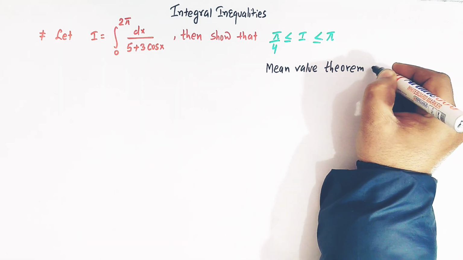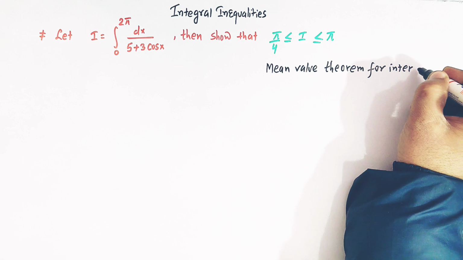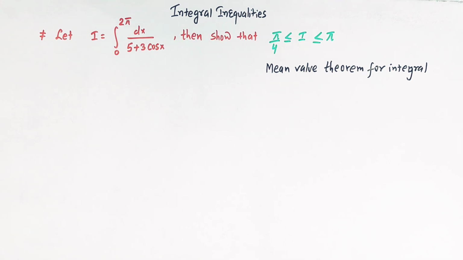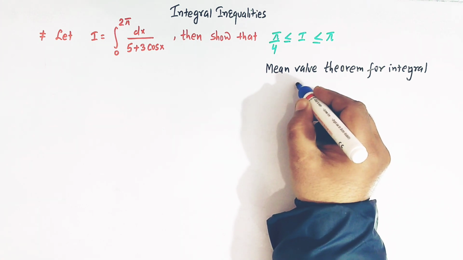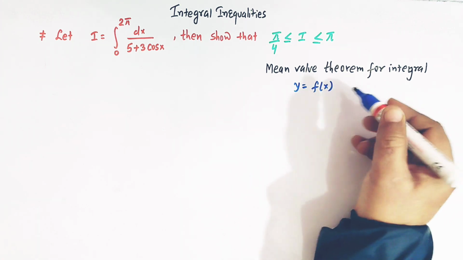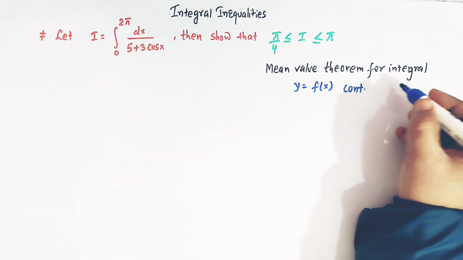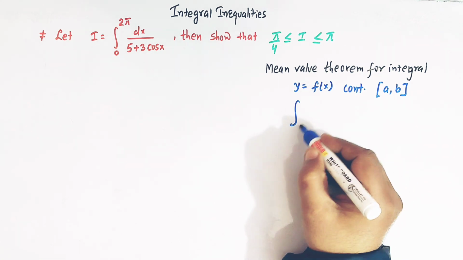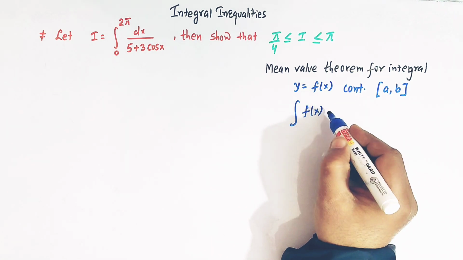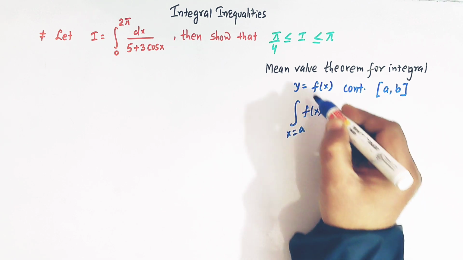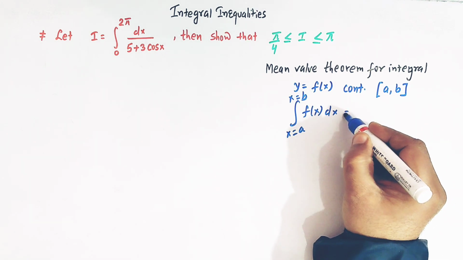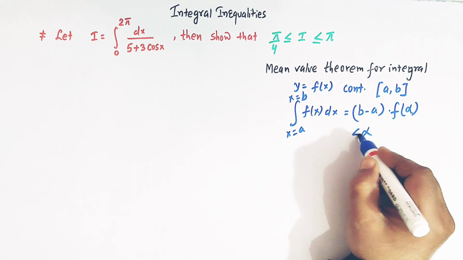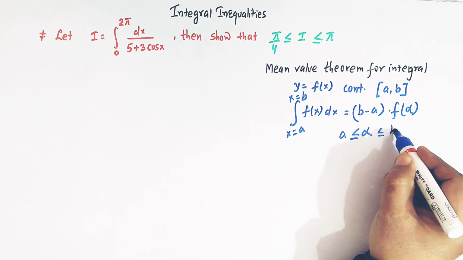The mean value theorem for integrals says that if we have a function y equal to f of x, continuous in the closed interval a comma b, then the integral of f of x dx from x equal to a to x equal to b is equal to b minus a times f of alpha, where alpha lies between a and b.